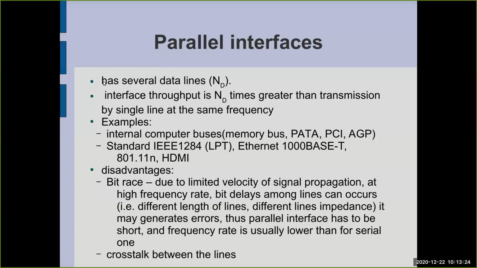Yeah? Okay, but this is theory. What are the problems with parallel interfaces and why are they not so widespread? The most problematic thing is bit race. I told you about bit race when talking about clocks.